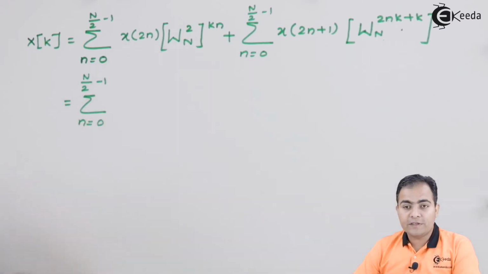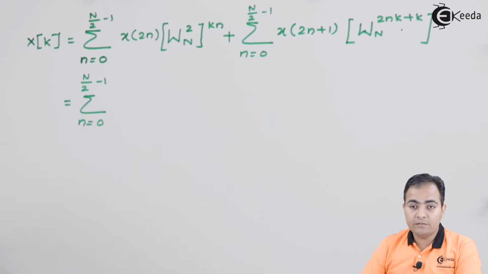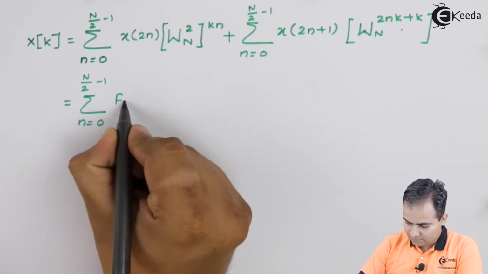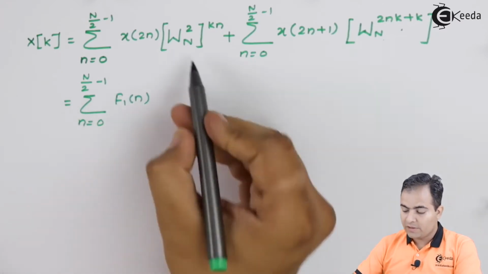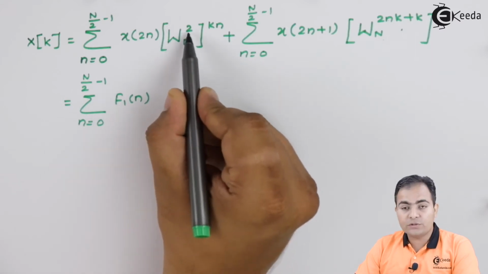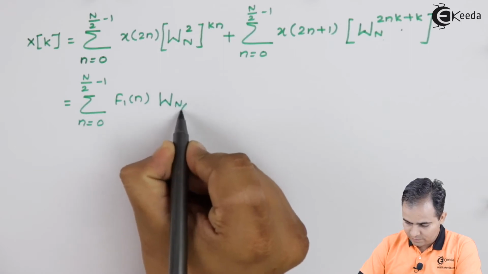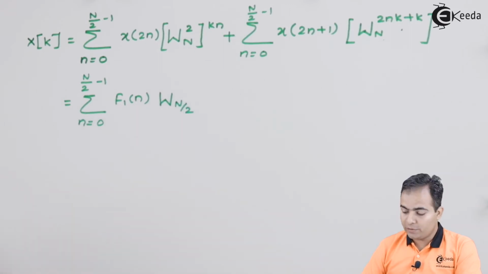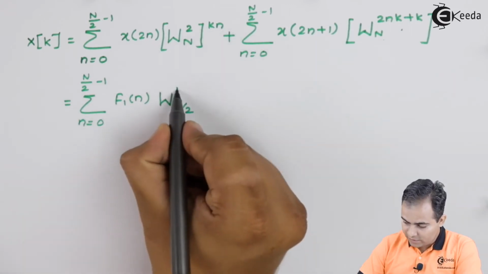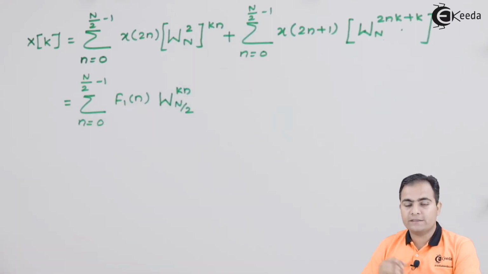This x of 2n, this function is represented by f of n or f1 of n. And as I said, this omega n raised to 2 is replaced by omega n by 2, and this kn will be written as it is.